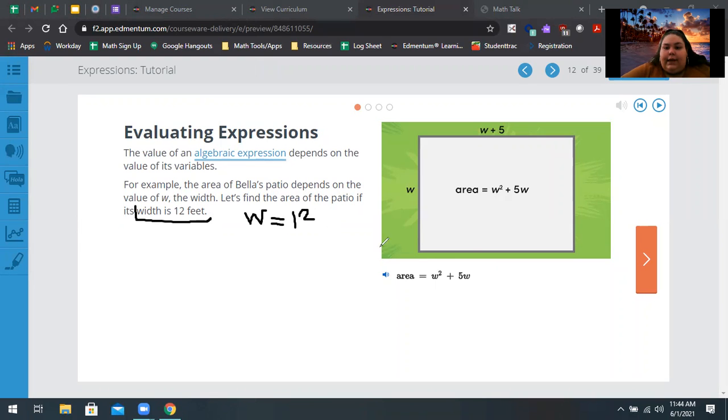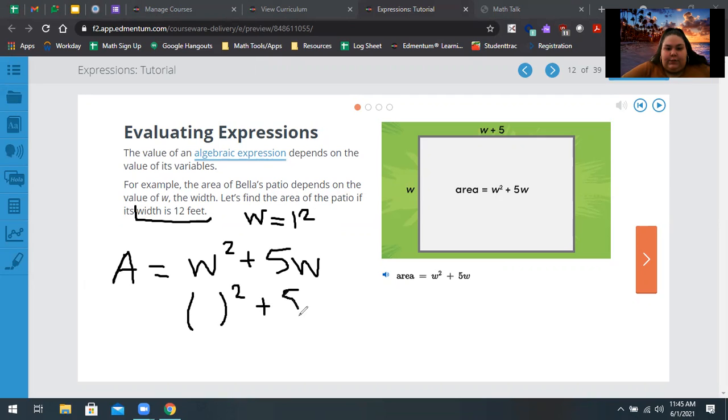So what we can go ahead and do is take our area here, because we know area is equal to W squared plus 5W. Wherever I see a W, I'm going to replace that with 12. You can write it out with parentheses like this if you're not too comfortable and you want to make sure. Every single time I saw a W, I put a separate set of parentheses, and inside those parentheses is going to be our 12.